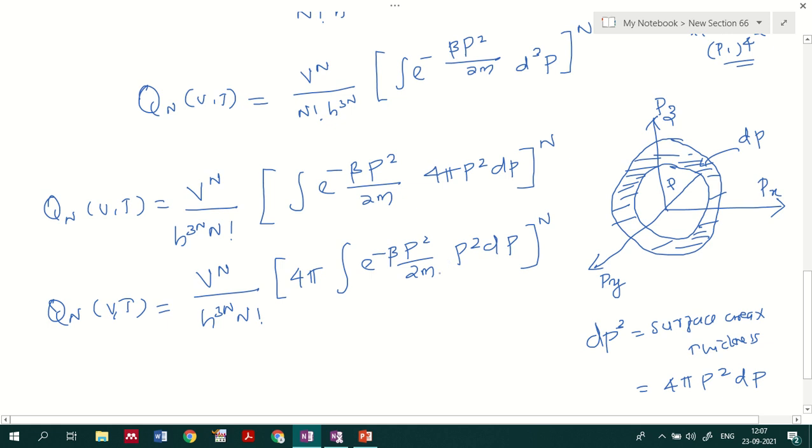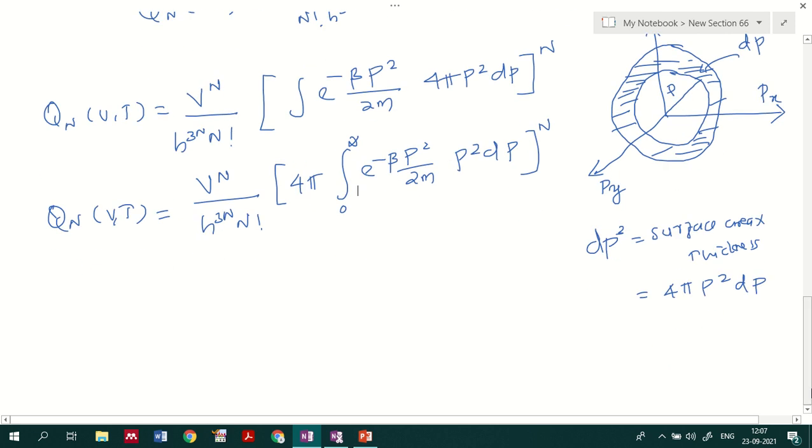Now let me say the limit of the integral. It will be from 0 to infinity, because the momentum variation for a microcanonical ensemble is from 0 to infinity. So 0 to infinity is the corresponding range of the limit. Now let me see what the integral from 0 to infinity of e raised to minus beta p square by 2m, p square dp is.